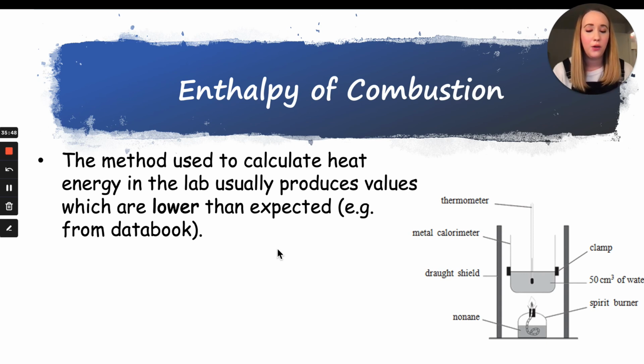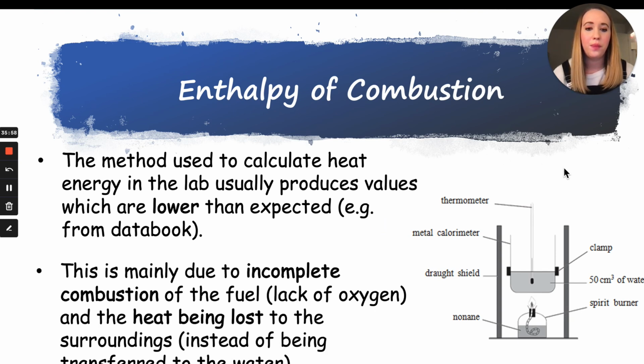So even if we do this setup and we add the draft shield to it, we're still going to have issues with the setup we're using. And there's two main reasons why we're going to get lower values. One of them is because incomplete combustion is going to be taking place. So we're not burning our fuel in a plentiful supply of oxygen. As soon as you see little orange flecks appearing, or an orange colour in the flame, then that is signifying incomplete combustion.